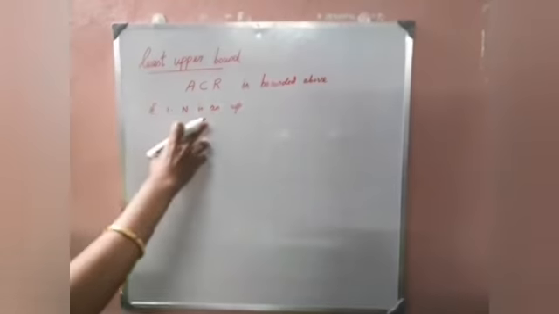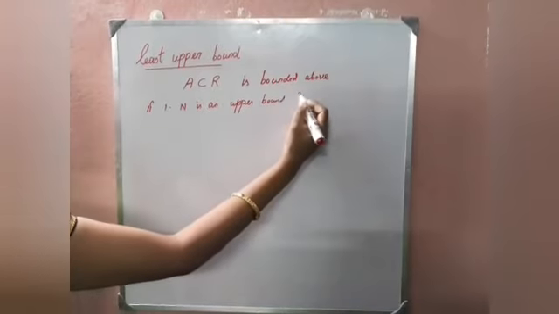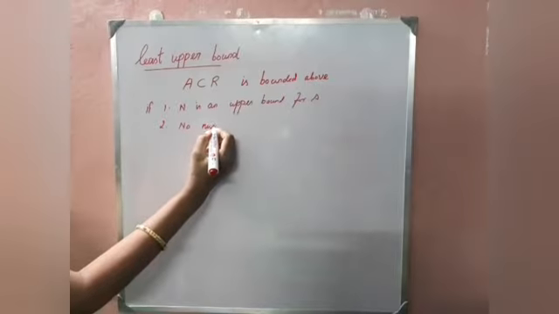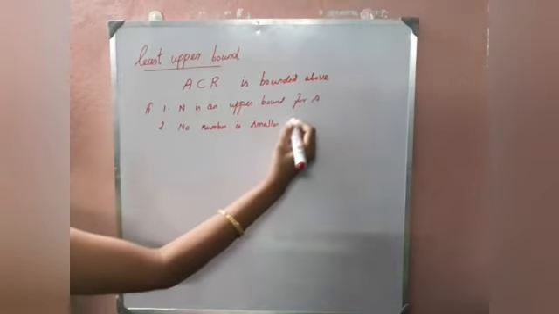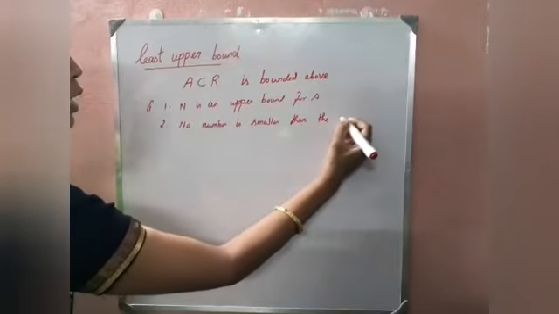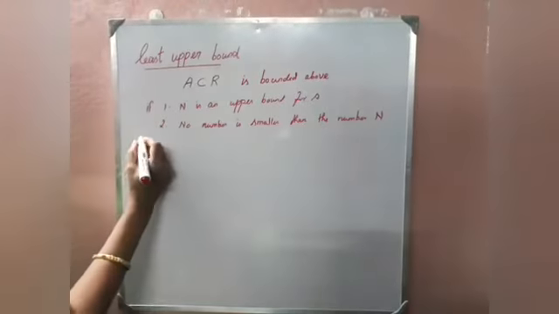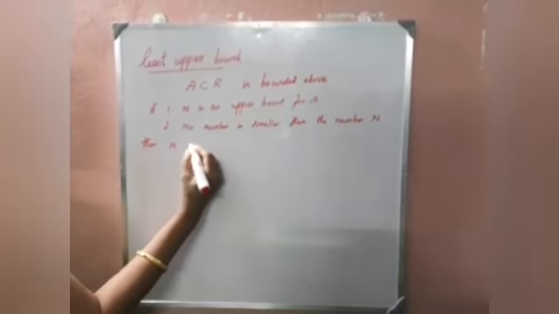One, n is an upper bound for A. And the second, no number smaller than n is an upper bound for A. Then we call n the least upper bound for A.